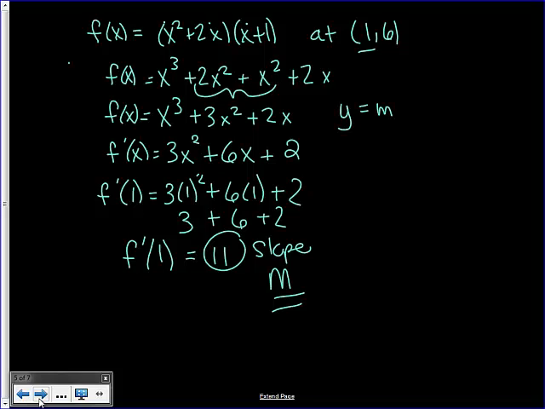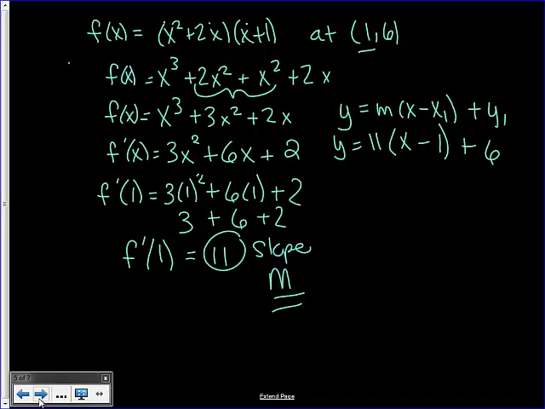y equals m times x minus x1 plus y1. Plug in m is 11, so y equals 11 times x minus x1, so minus 1, close parentheses, plus my y1, which is 6. Now all I got to do is distribute and combine like terms.